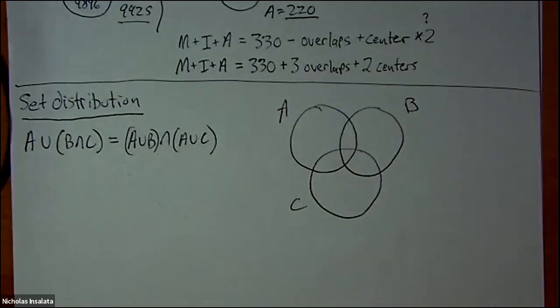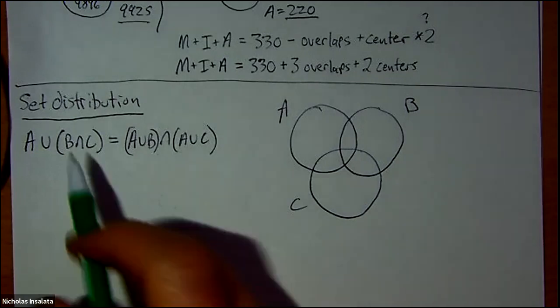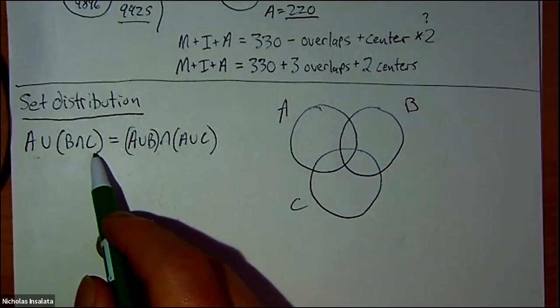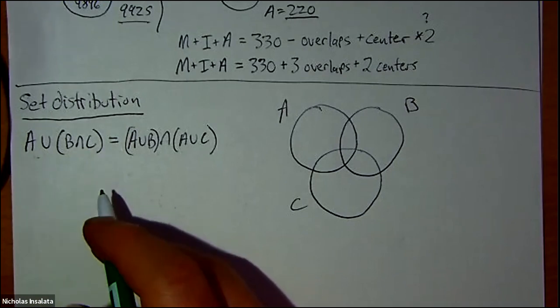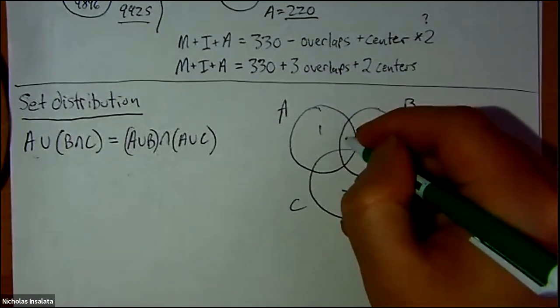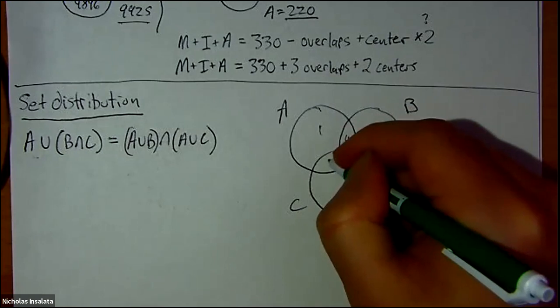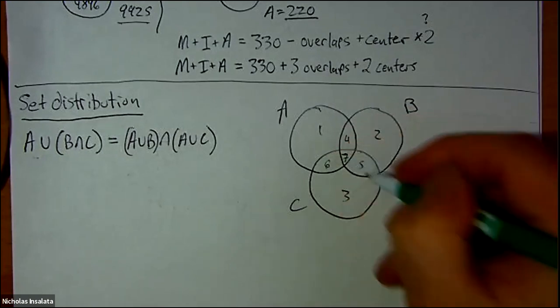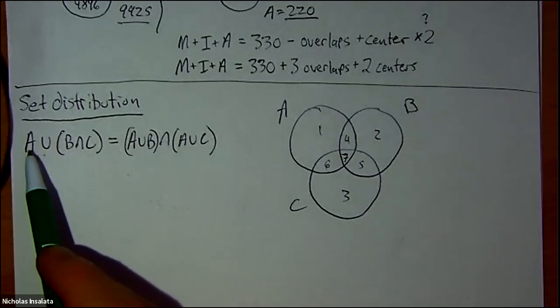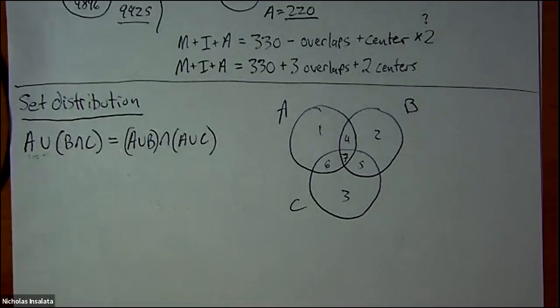So what I'm looking for is A union B intersect C. Let me number these regions: 1, 2, 3, 4, 5, 6, 7. Which regions are going to be included in A union B intersect C?